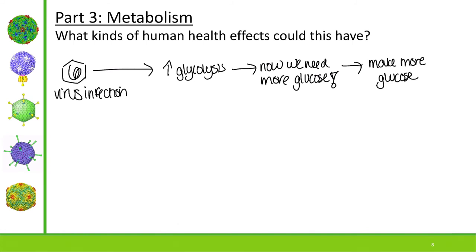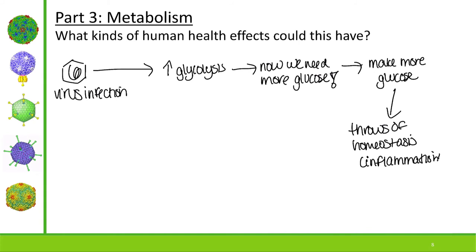All right, now that we have made more glucose, we have an issue because this throws off the homeostasis, which is going to do a couple of things. This is where inflammation comes in. But in addition to that, now we have an increase in blood glucose levels.